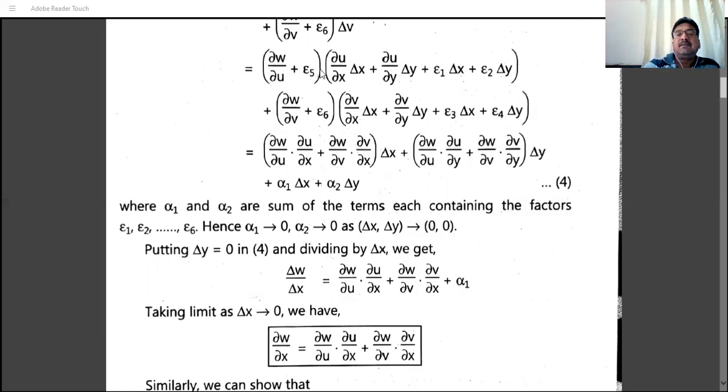So (∂w/∂u ∂u/∂x plus ∂w/∂v ∂v/∂x) in bracket into delta x. And from these 2 terms, that is what? ∂w/∂u ∂u/∂y delta y, and ∂w/∂v ∂v/∂y delta y. Take delta y as common. So what do we have in bracket? ∂w/∂u ∂u/∂y plus ∂w/∂v ∂v/∂y, and then delta y.